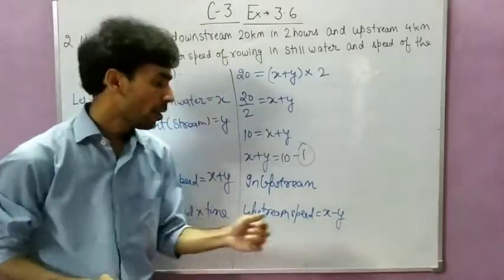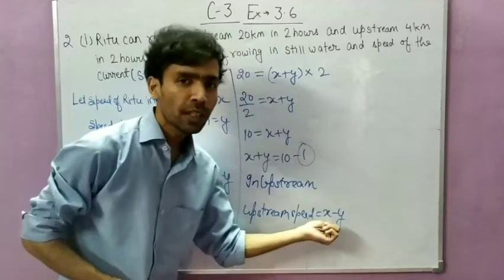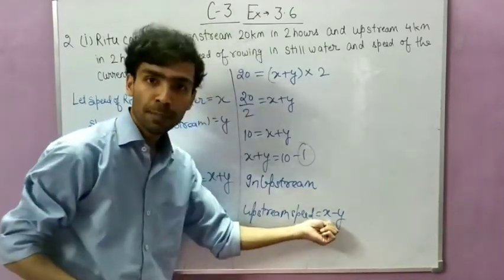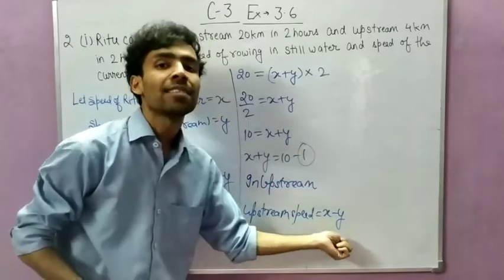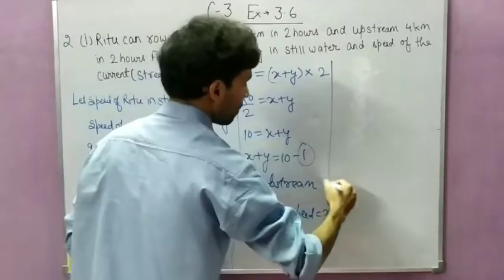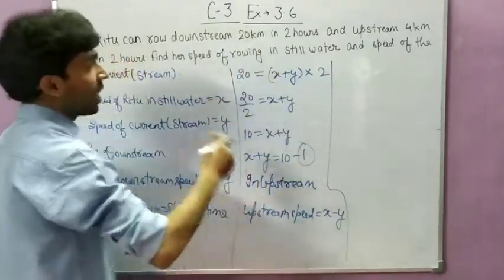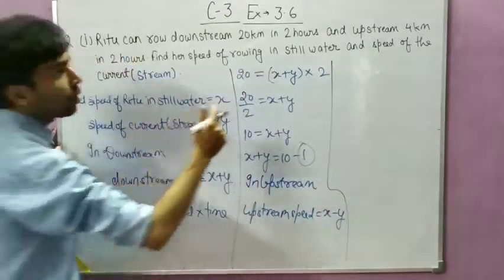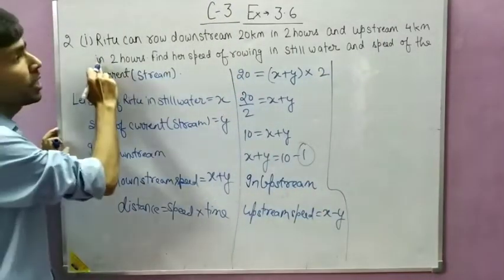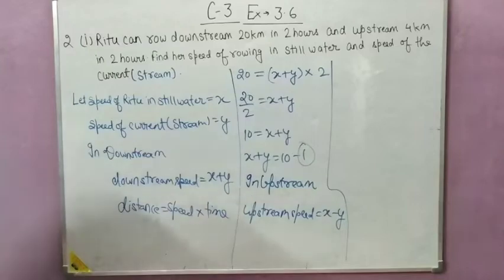I told you first we write the speed of boat, and because in place of boat here is Ritu, we write Ritu's speed, then minus the speed of current or stream. In upstream she is going 4 kilometers in 2 hours.